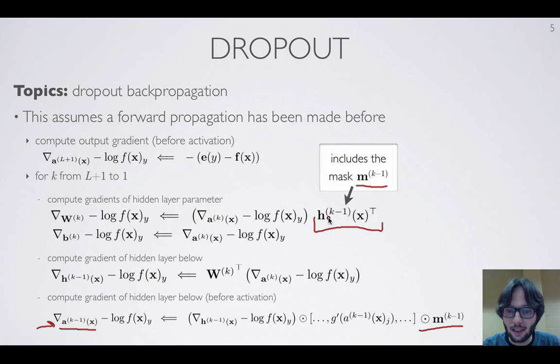We should not forget that this is a vector that contains a lot of 0s. On average, 50% of its entries are going to be 0 because it's what used to be the activation vector multiplied by the mask. Okay, but that's all that changes. Otherwise, the regular backpropagation algorithm remains essentially the same. It's just the incorporation of these masks that drops out hidden units.